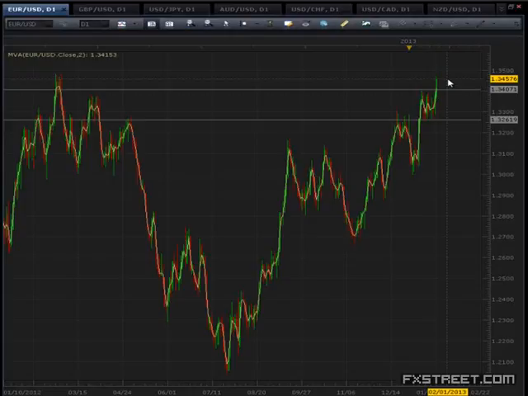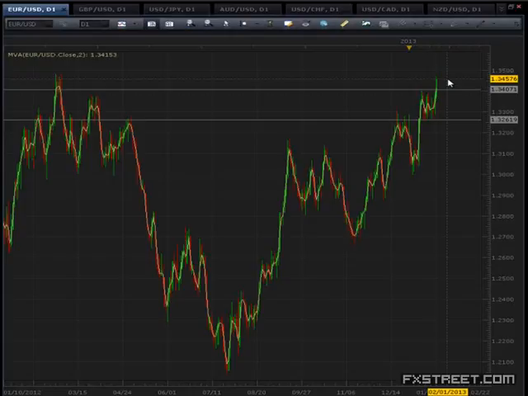And along with that, especially now that we're starting to see some optimistic signs from the Eurozone economy, the euro could continue to find bidders and become a better alternative to the dollar.